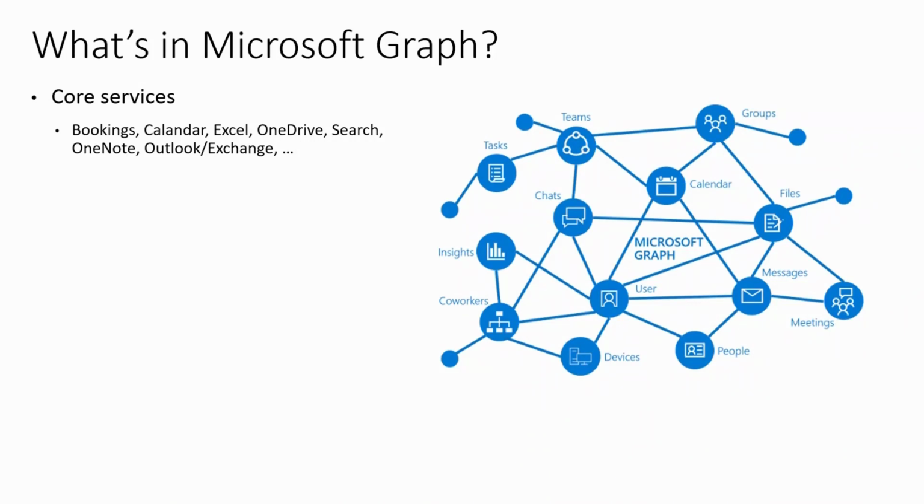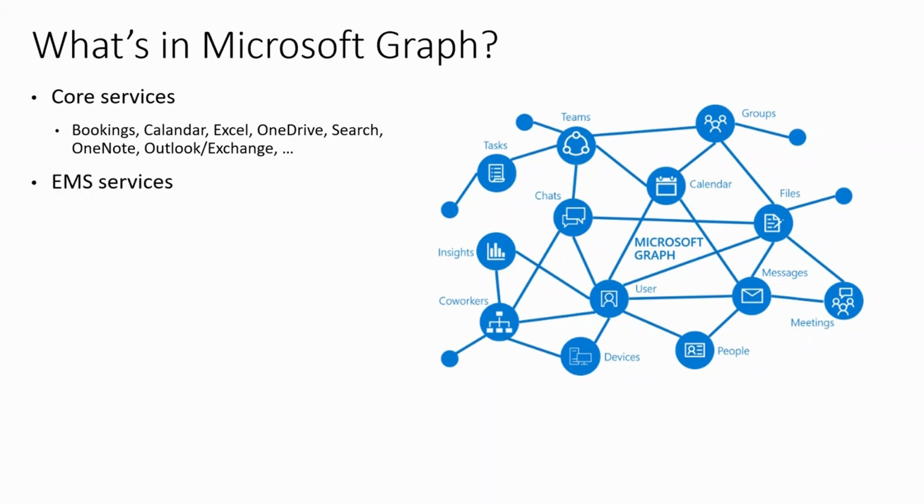But in the cloud world, you can use Graph to query data like what's in OneDrive, what's in that folder, do I have any messages lately in my Outlook inbox, where is the OneNote, etc. So you can easily query that data that exists within Office 365 in the cloud.